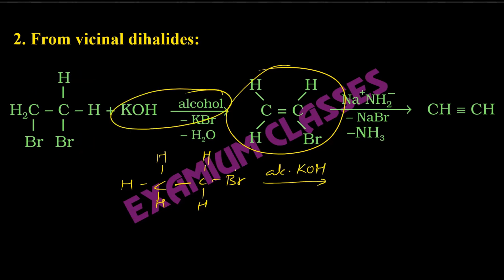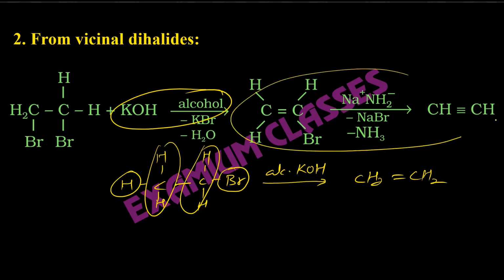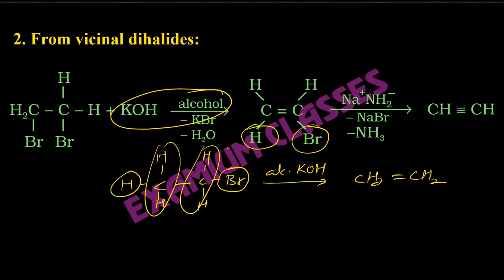In this case, bromine will be removed from one carbon, hydrogen from another carbon. I will get CH2 double bond CH2. This is something we have talked about in preparation of alkenes. But the problem here is that we do have hydrogen and bromine, but there is already a double bond. So alcoholic KOH is not used. In that case, NaNH2 will be used.